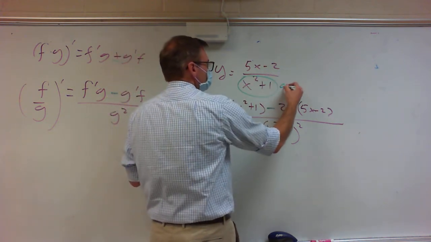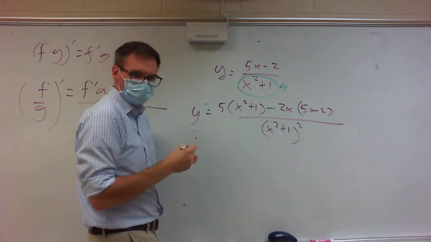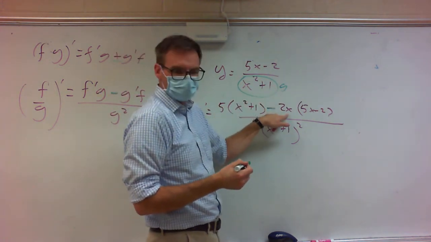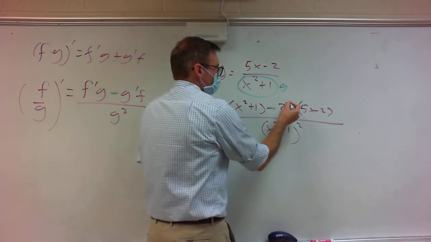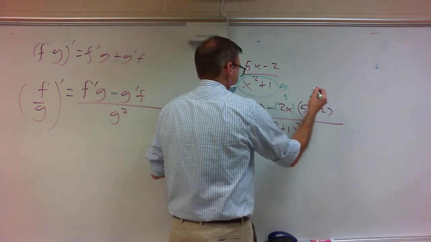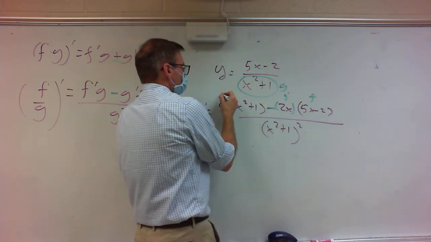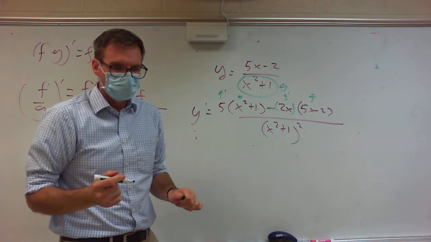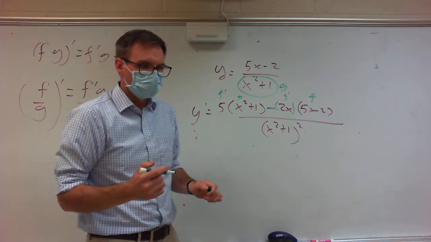Right? Because this is my g. Okay? Derivative of x squared is 2x, derivative of 1 is 0. So this is my g prime, this is my f, this is my f prime, and this is my g. Did that help? Yeah, that's good. Okay.